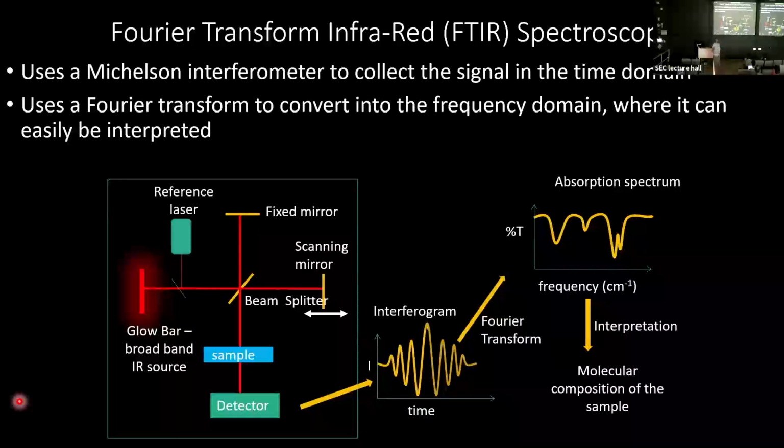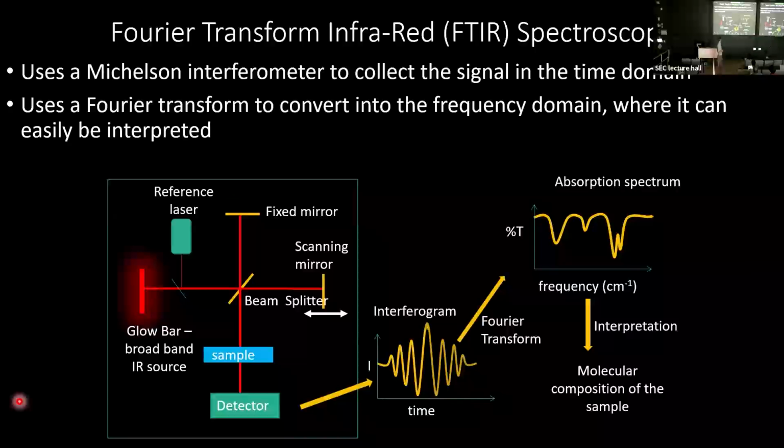But because infrared light spans, well, the mid-infrared range spans 3 microns to 20 microns, a very wide wavelength range, it's hard to find a material that works well across such a large wavelength range. So the diffraction grating trick that we usually use doesn't work so well, so we have a different trick.